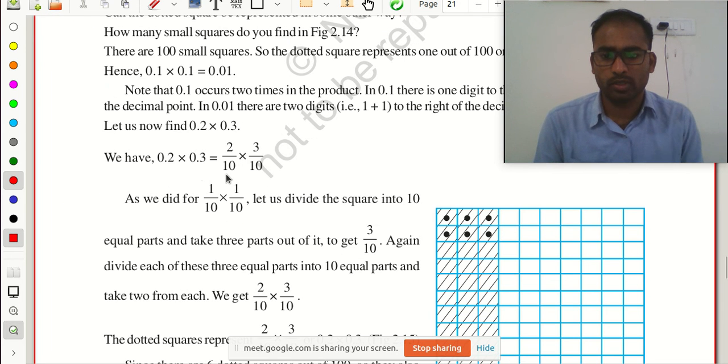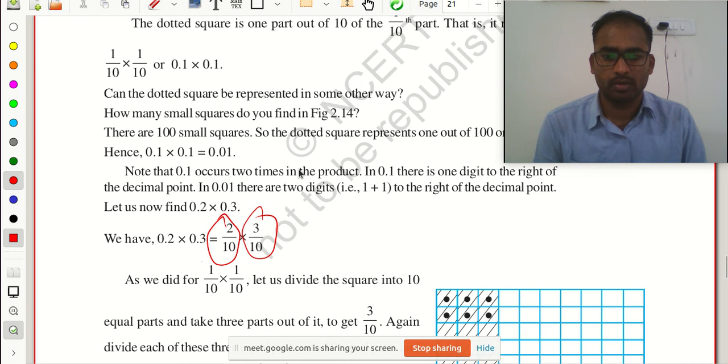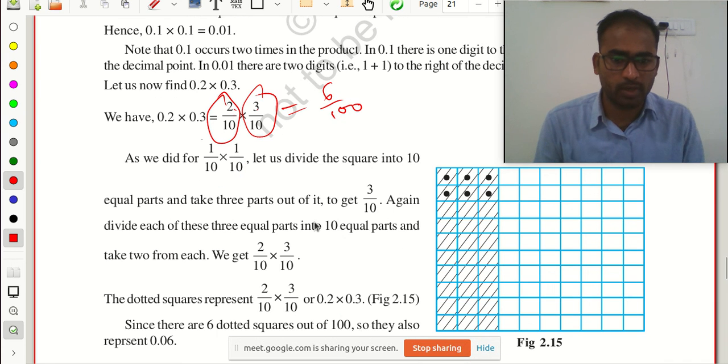Same, you observe here 2 out of 10 and 3 by 10. 2 by 10 multiplied with 3 by 10. So how many boxes should I cover here? 2 times 3 is 6, so 6 by 100. I need to cover 6 boxes out of 100. Here I am having a total of 100 boxes and I need to cover 6 boxes.